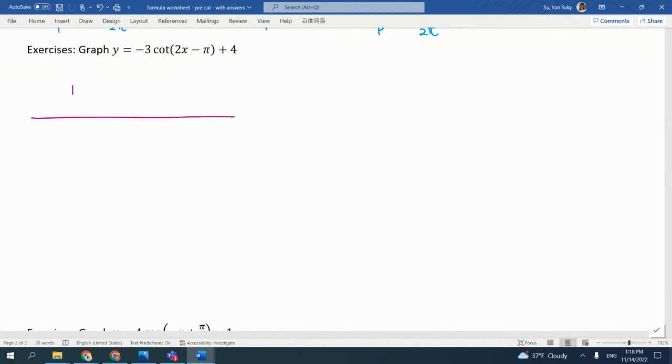Okay, so 4 columns: x and then theta. In this case, what's my theta? 2x minus pi, right? Theta is the argument, like the angle inside the trig function. And then here we use cotangent theta.